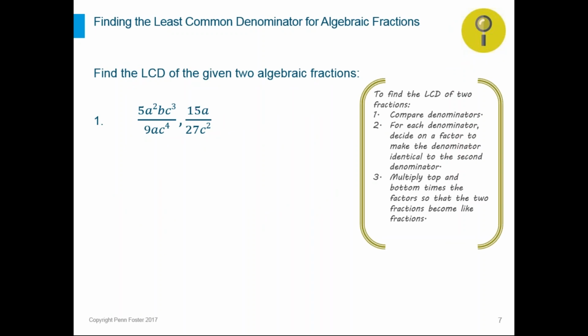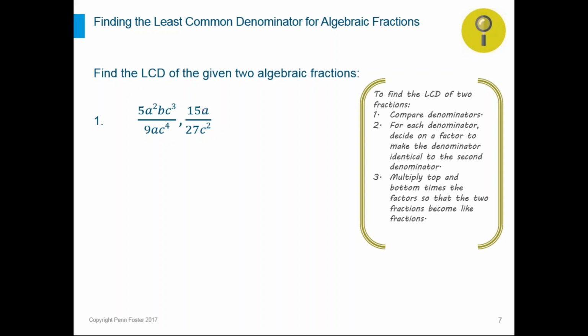Now, before we go ahead and actually add the two algebraic fractions, I thought to take it step by step and first learn how to find a common denominator between two given algebraic fractions, because this is usually the most challenging step in adding or subtracting: to find the common denominator between the two unlike fractions and also correctly change the numerators accordingly so they stay equivalent to the original problem.